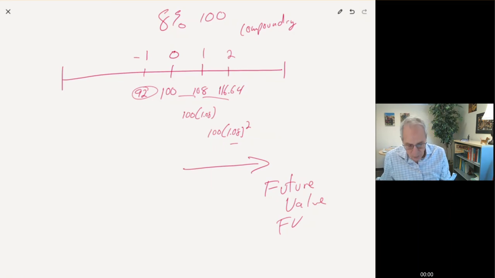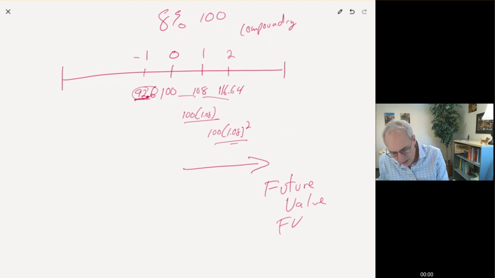The question is, how do we really get this number? The number is 92.6. So how do we get 92.6? Think if you can do that. Notice that when we go into the future, we're multiplying by a number greater than 1, therefore it gets bigger, it compounds. But when we go backwards, the number gets smaller.